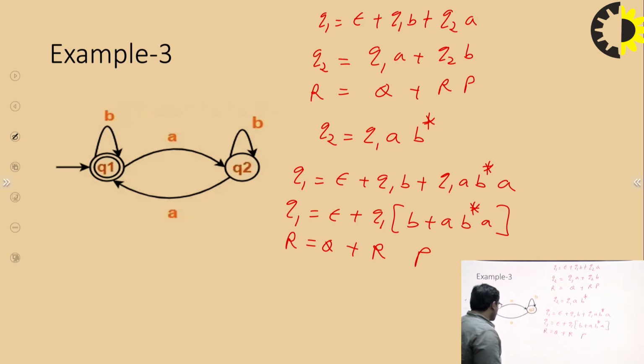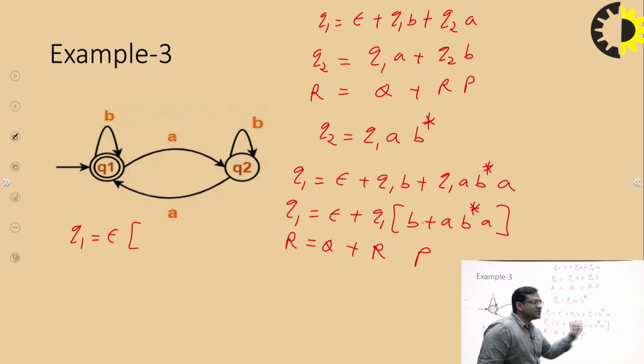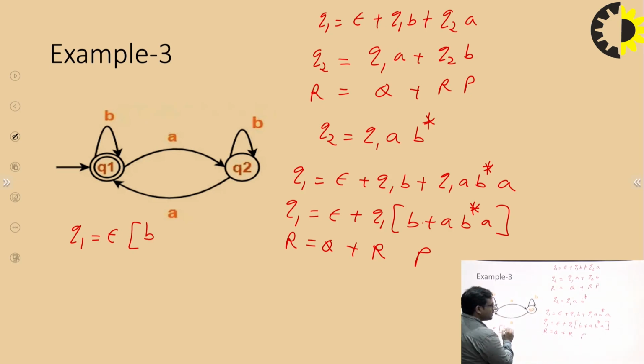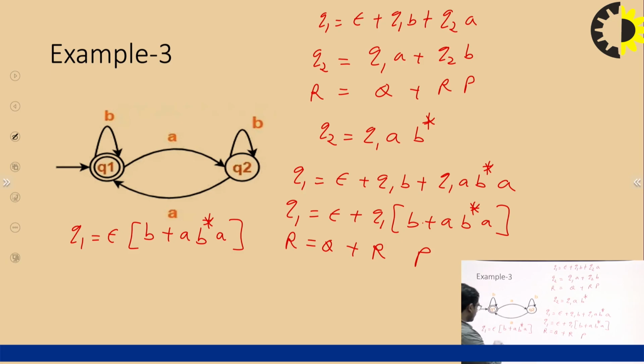So what is the answer? The answer is that Q1 is equal to QP star. Q is basically null. And what is the value of P? P is this one, so we can write B plus AB star A. Because the multiplication of null with this is itself, we can just write it here. So the answer is QP star.